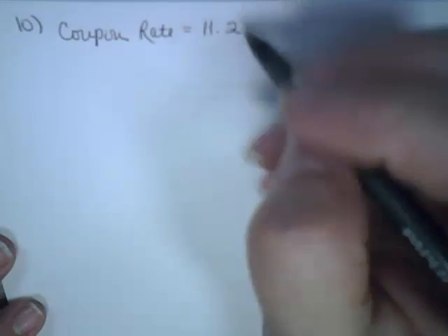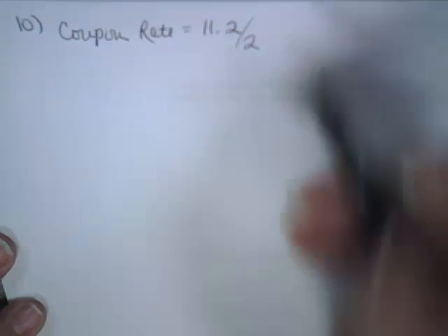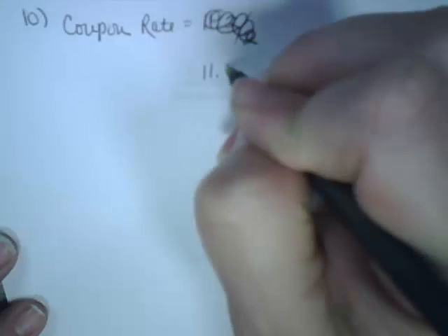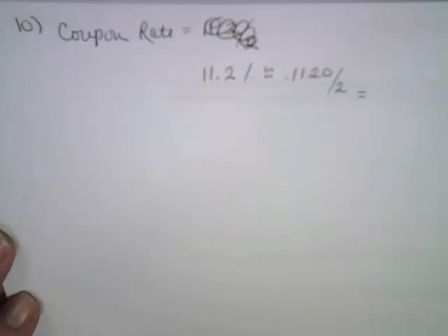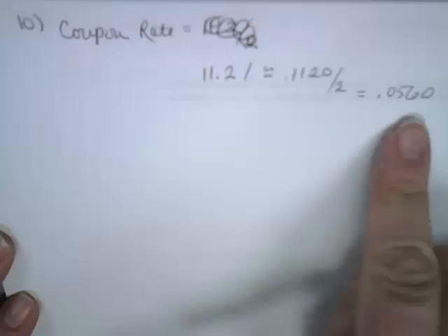We know that that coupon comes in twice a year, so let's do this in the same order we've done it before. 11.2% converted over to a decimal. Then we divide that by 2 to give us that half-year interest. That gives us 0.0560. We're only going to use this to calculate the first part of the formula.